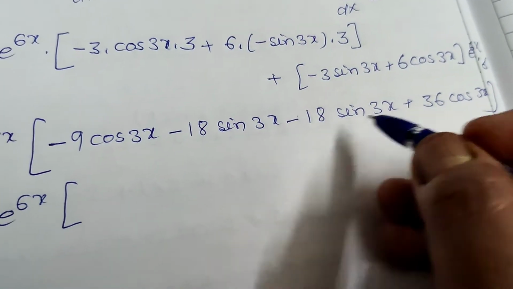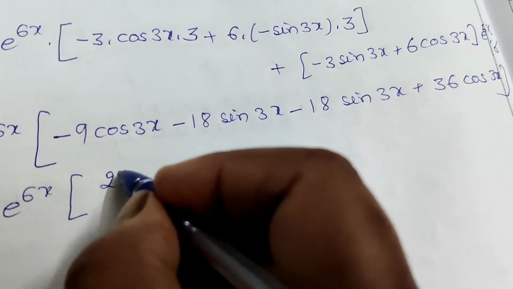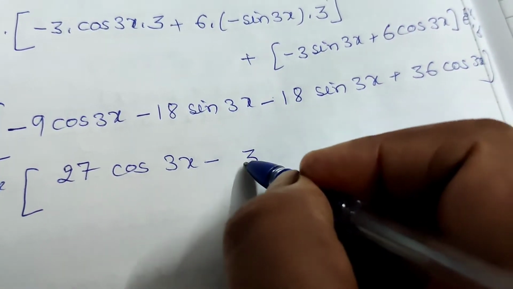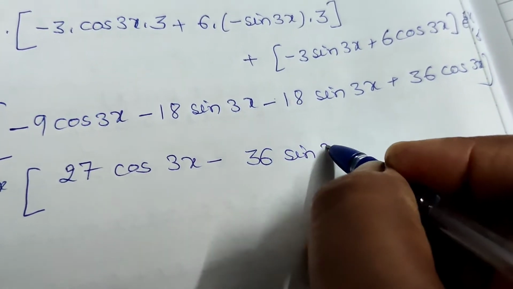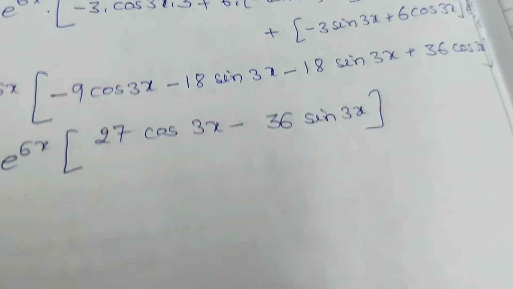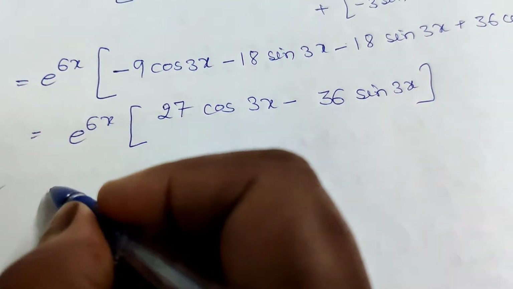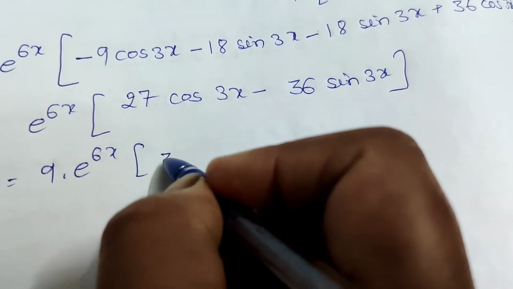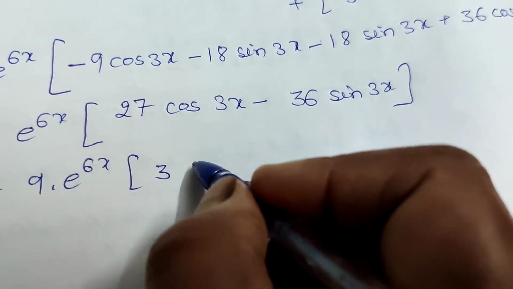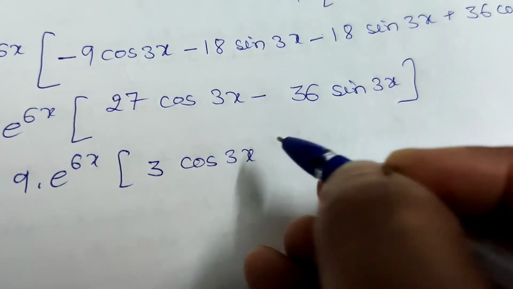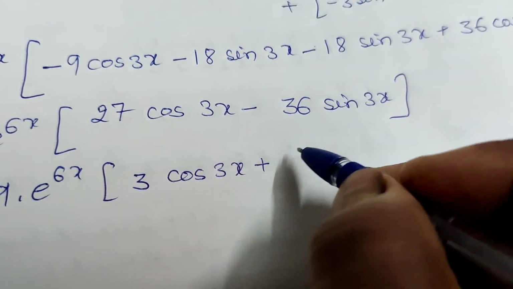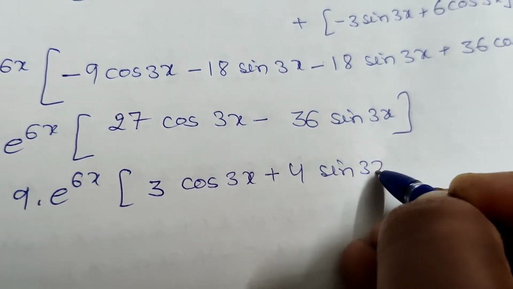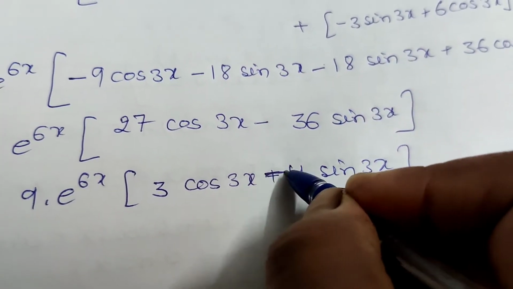Cos 3x, 36 minus 9, 27 cos 3x and 36 sin 3x. Take common 9: 9 into e raised to power 6x, it is equal to 3 cos 3x plus 4 sin 3x, minus.